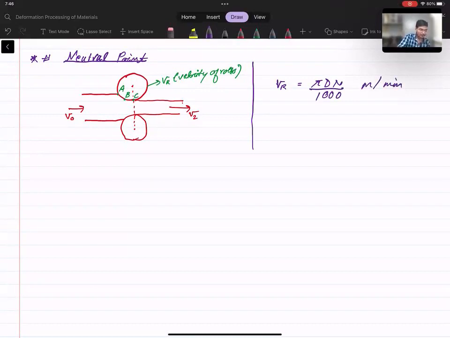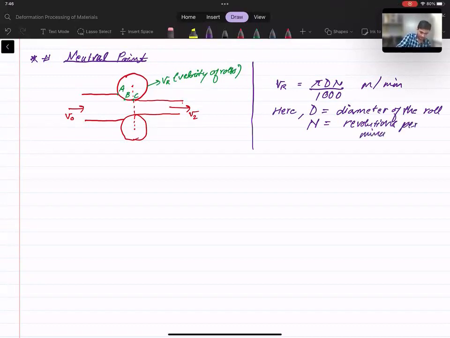Here d is the diameter of the roll, and n is rpm, that is revolutions per minute. So this is the relation for velocity of rolls.